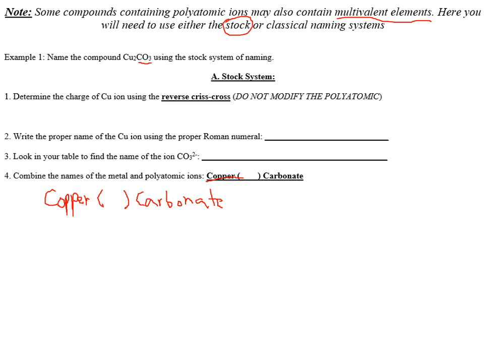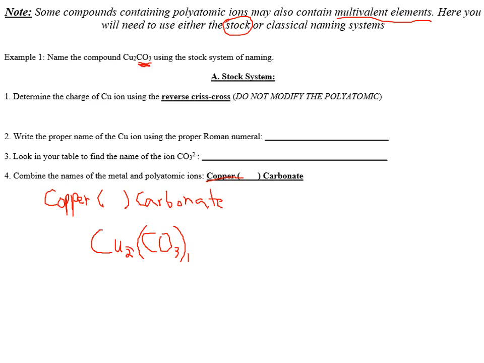Okay? So here's what I do when I do a reverse crisscross. I have Cu2, and I'm going to put the polyatomic ion in brackets. CO3. And outside the bracket, I'm going to put a 1 to show there's only one CO3 here because it acts as one unit.